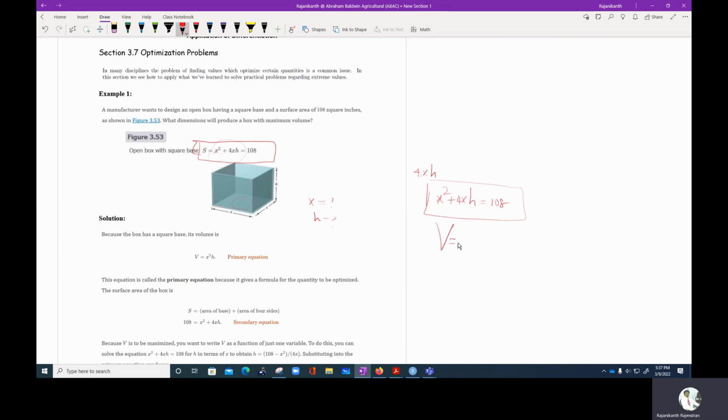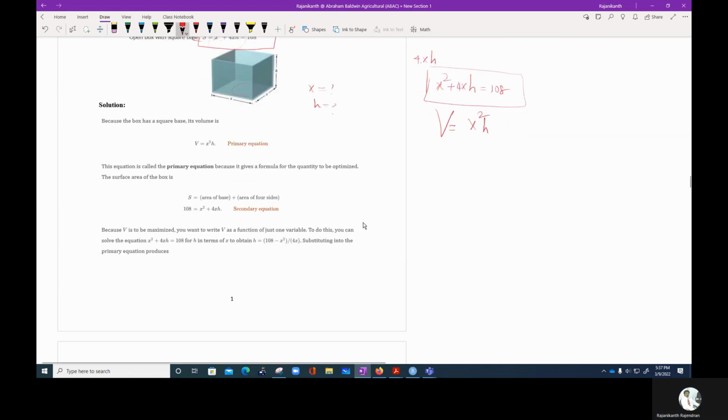So I'm writing the volume function here. Remember, the volume of the box is nothing but base area times the height, right? So the base area is x squared times height. So this is the volume formula. You need to find the x and h to get the maximum volume, right?